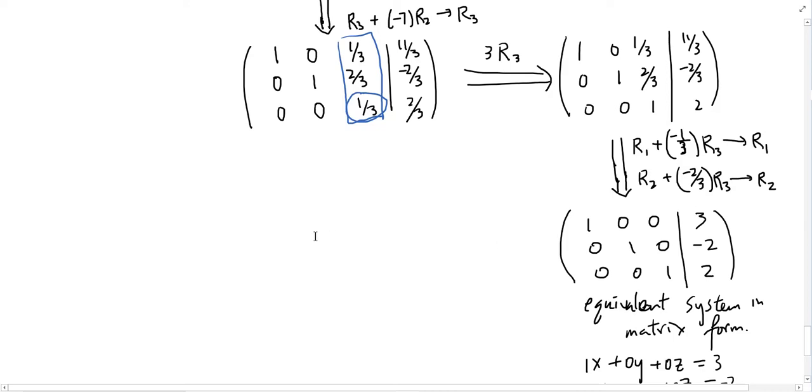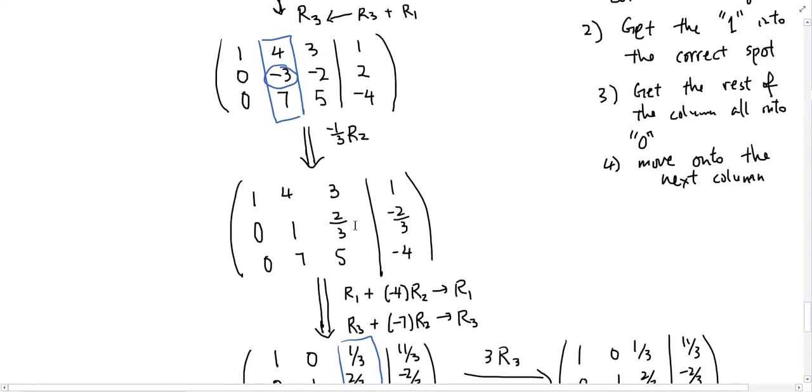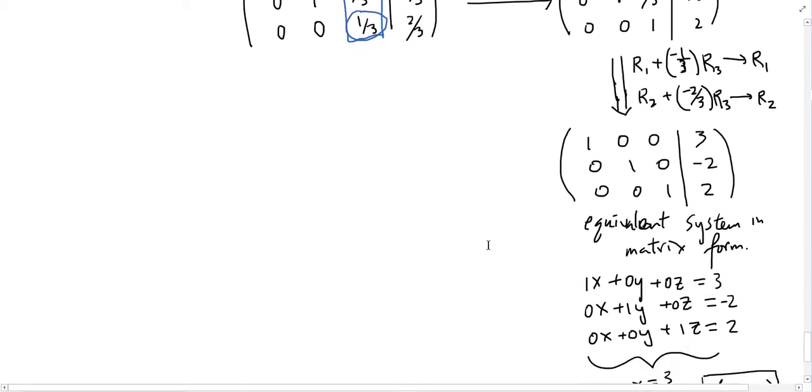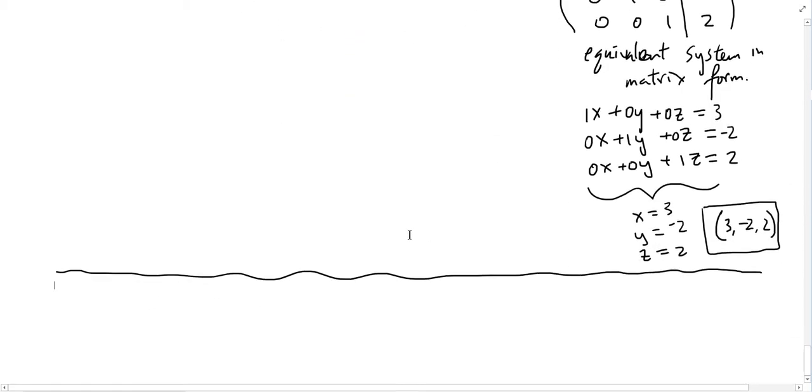If you're making more steps than you need, most likely you are not doing it correctly. Remember, you want to finish one column completely before you move on to the second column. If you don't, you will wind up messing up the progress that you make, and that's the reason why it requires more steps.